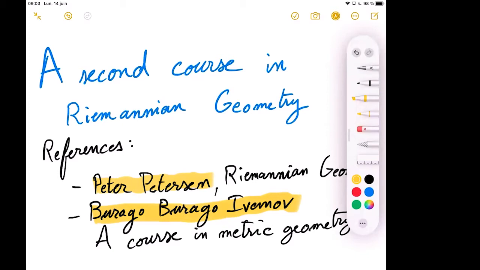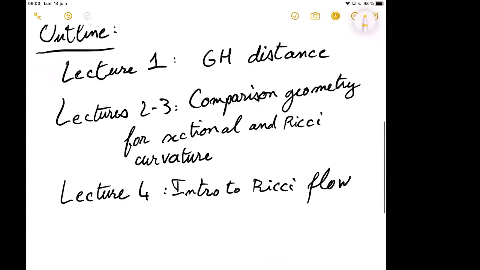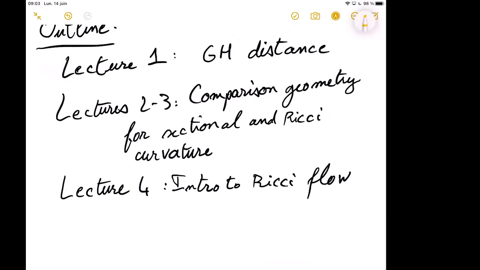Okay, so let's go. Maybe a brief outline. So in this first lecture, I will introduce the Gromov-Hausdorff distance and give some examples. On Tuesday and Wednesday, we will talk about comparison geometry for sectional and Ricci curvature and the different approaches that you can have.